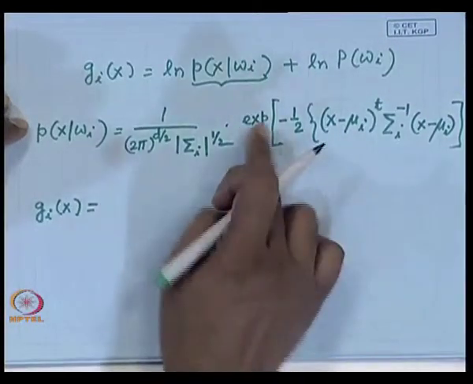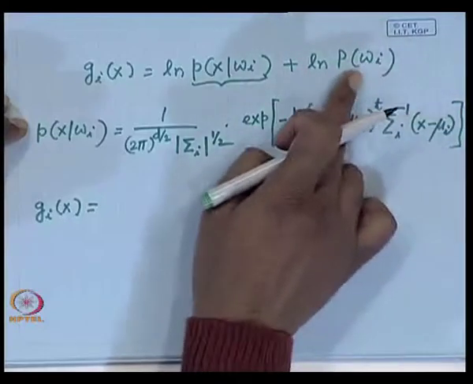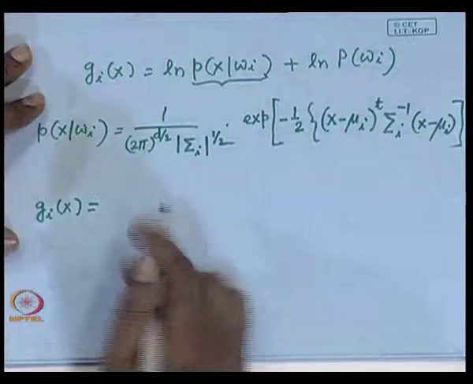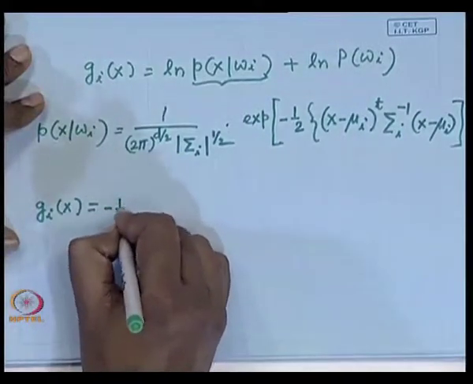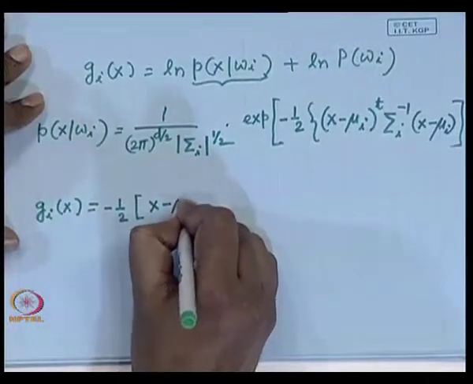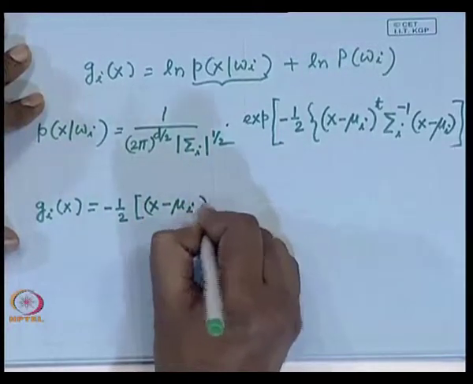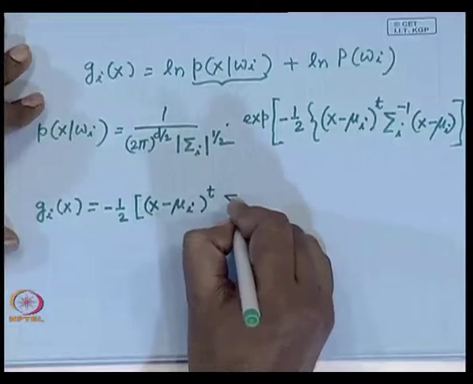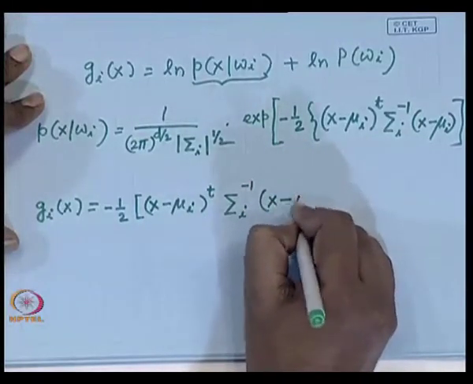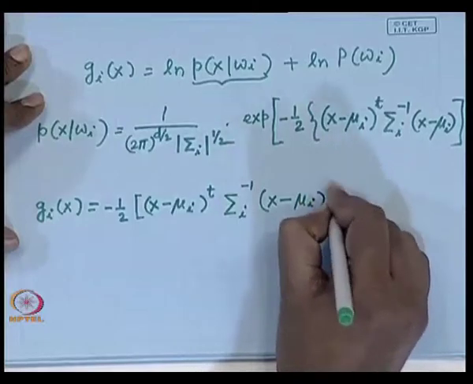So, this is an exponential, so if I take the logarithm, it will be simply this. It simply becomes minus half into (x minus mu_i) transpose sigma_i inverse (x minus mu_i).